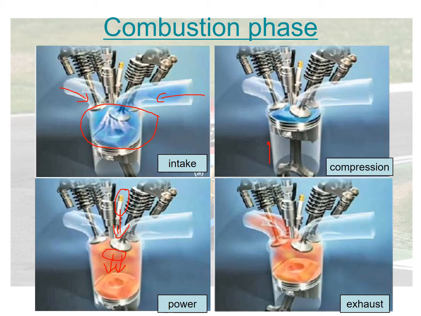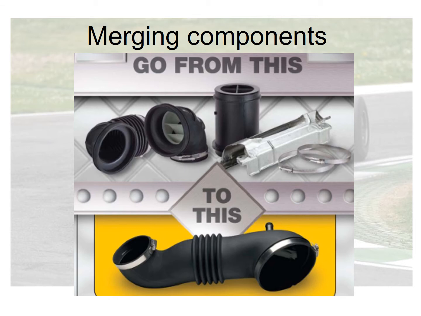And after the combustion, when the piston goes up again, we will get the exhaust gas to go out from the combustion chamber. So they call this stroke the exhaust stroke. Okay, this is the basic combustion phase inside the ICE or internal combustion engine.